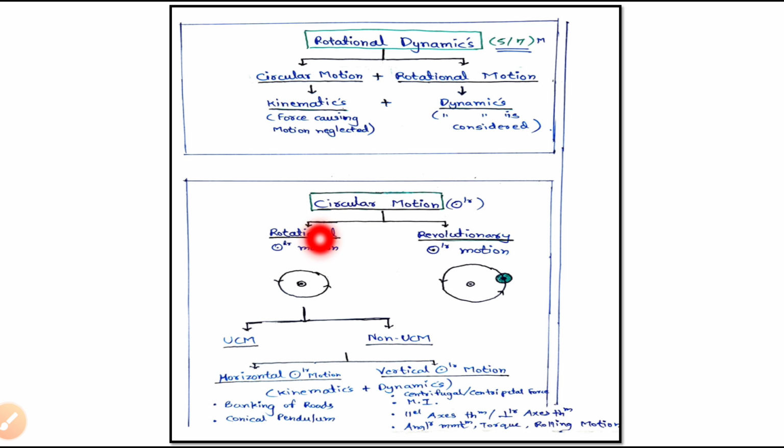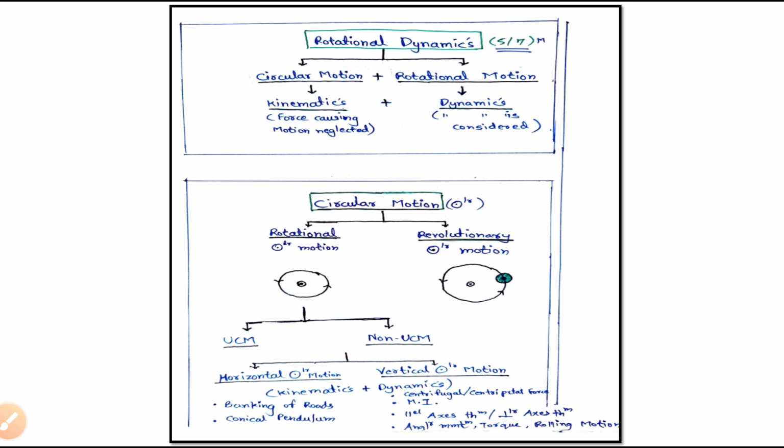Basically the rotational motion is also a circular motion, and revolutionary motion is also a circular motion. The basic difference is the axis of rotation, the imaginary axis about which the particle or object or any body is moving in a circular path.